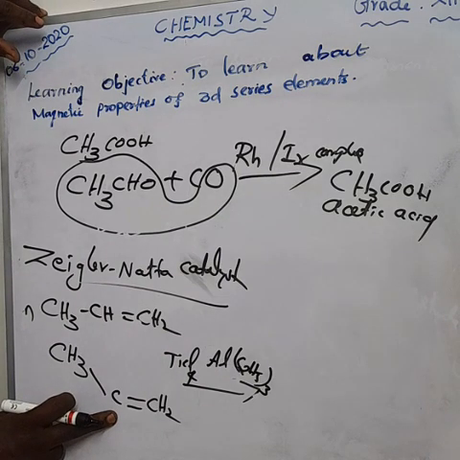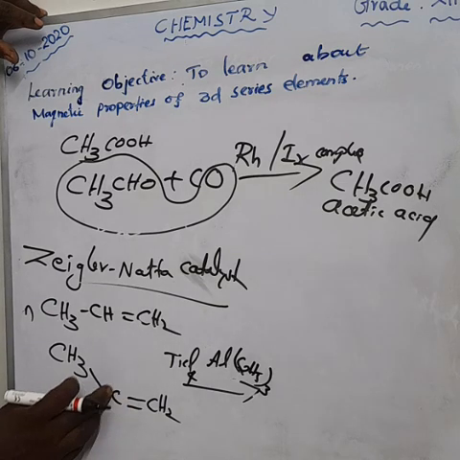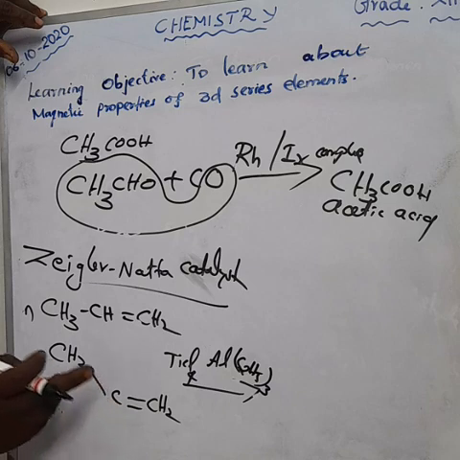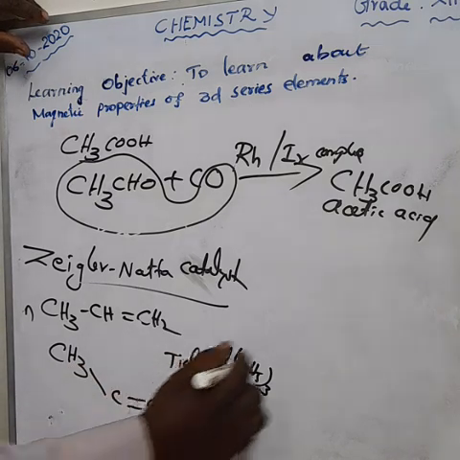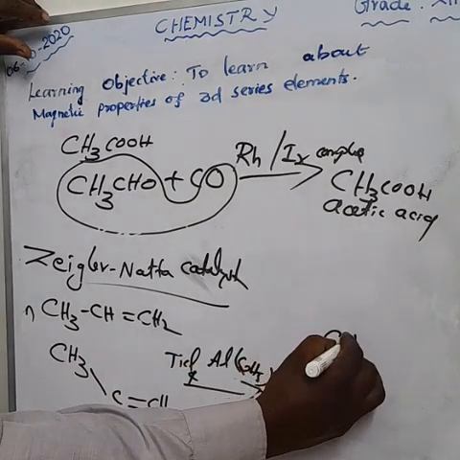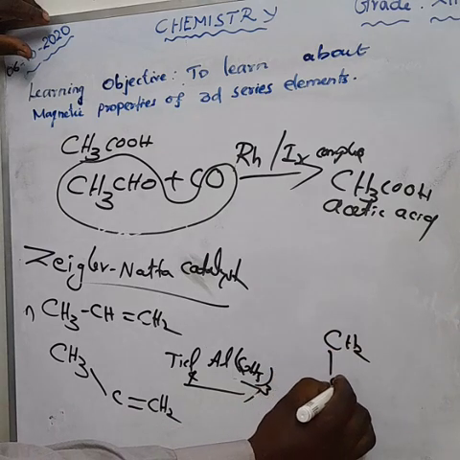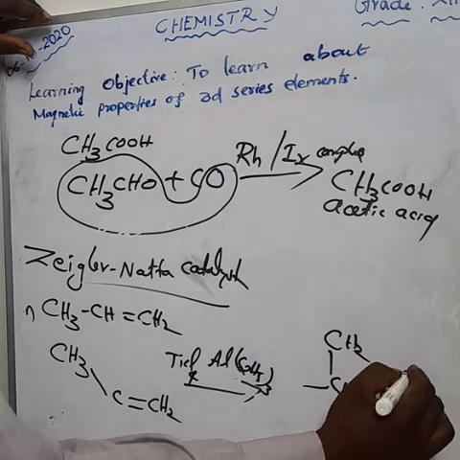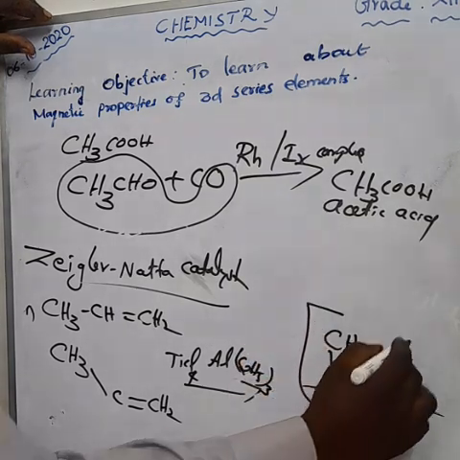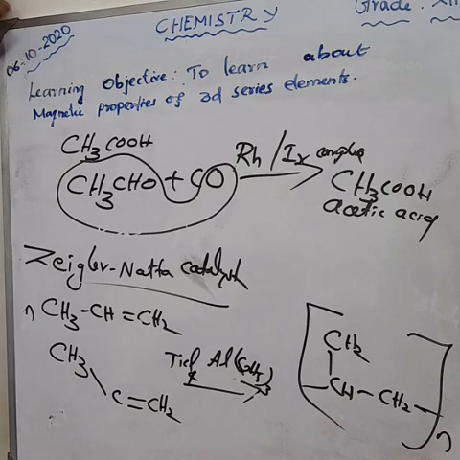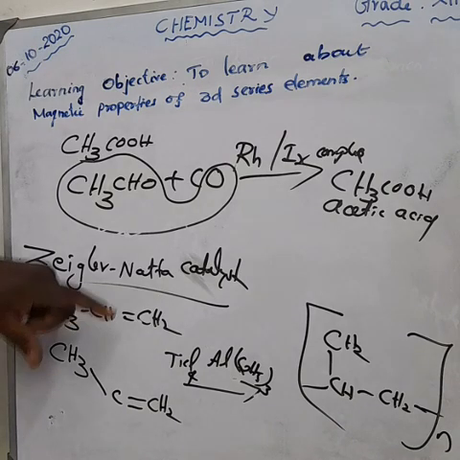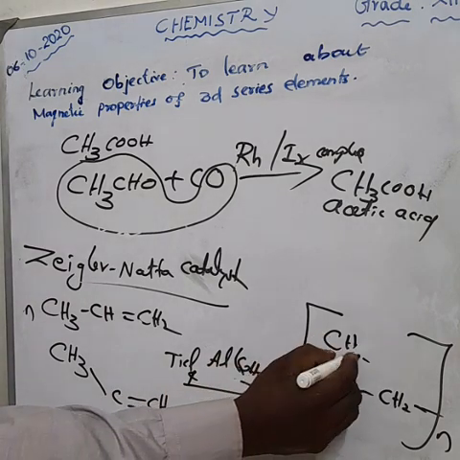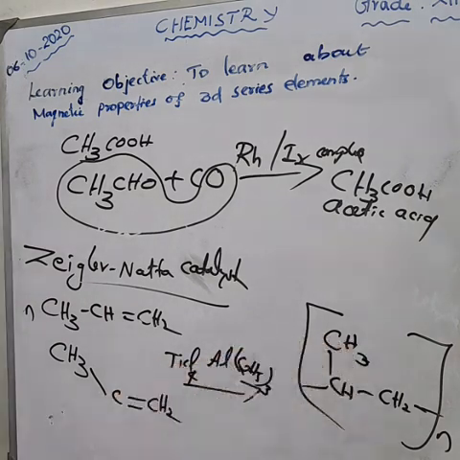So what is the aim here? The double bond is converted into a single bond. Here we have CH=CH2, and it is converted into a single bond. Okay, so we get CH3-CH-CH2. Then we say polymerization.